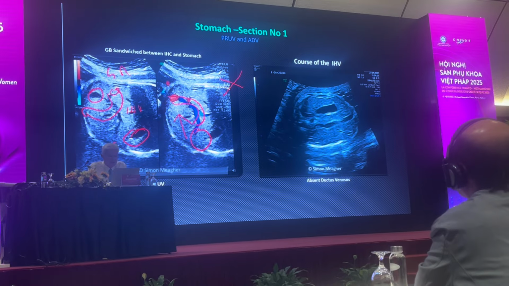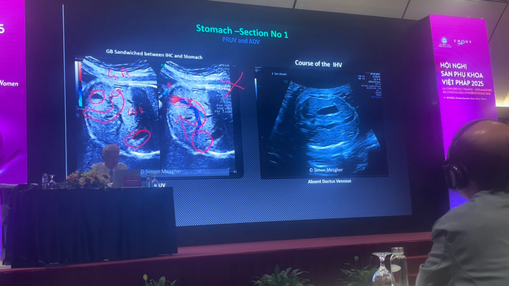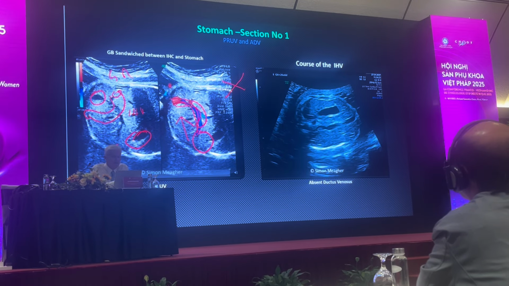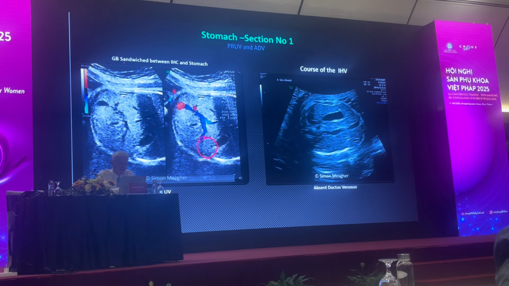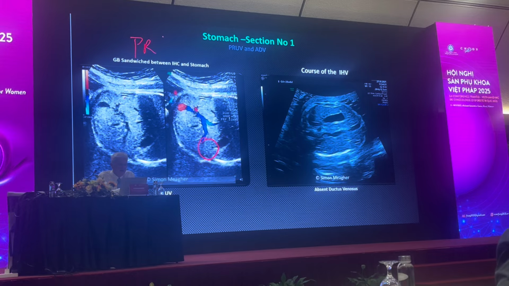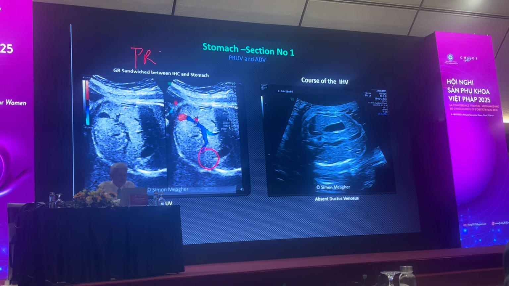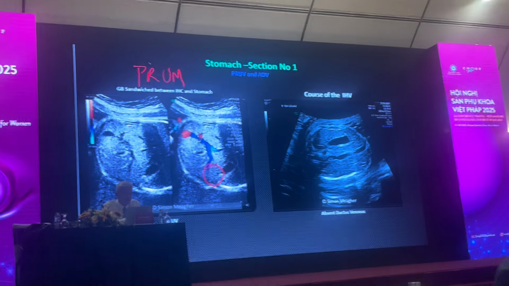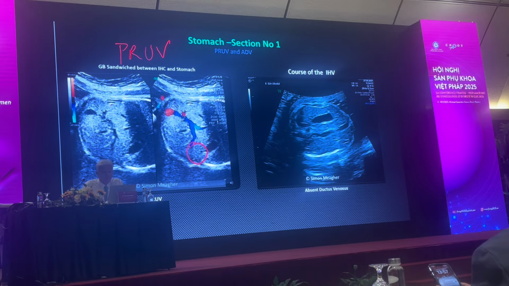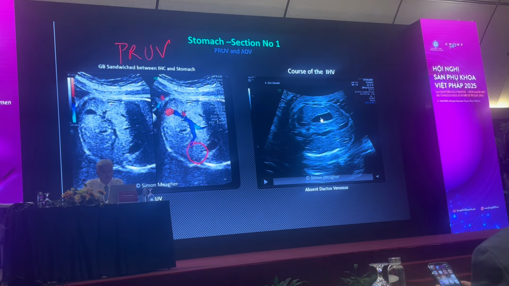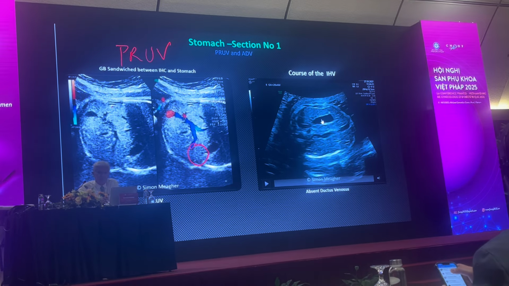But this baby is stomach, gallbladder, intrahepatic vein, reverse curvature. This is a baby with a persistent right umbilical vein. And it's important to pick up persistent right umbilical vein because a significant proportion of these babies will have a cardiac abnormality. Now I want to ask you a question.